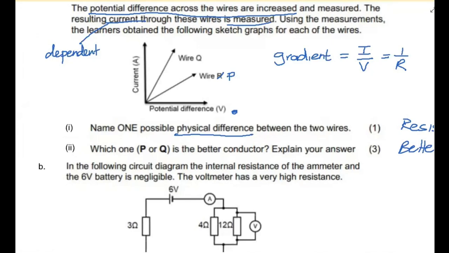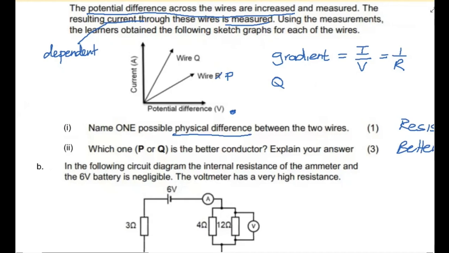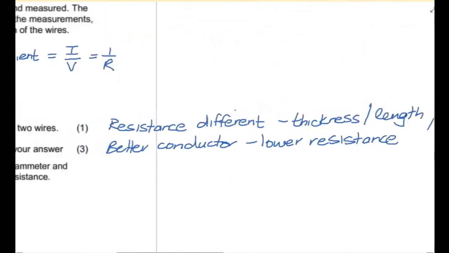Q has the lower resistance. Why is it Q? Because Q has the steeper gradient, and therefore 1 over R is the biggest, which means R is the smallest. So very well done. You've got to explain your answer.